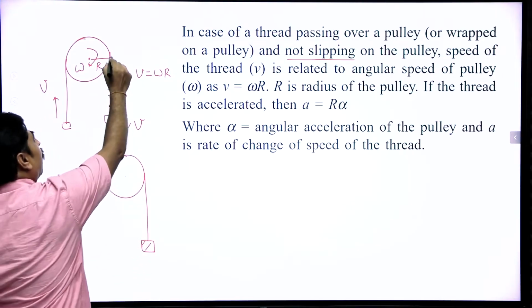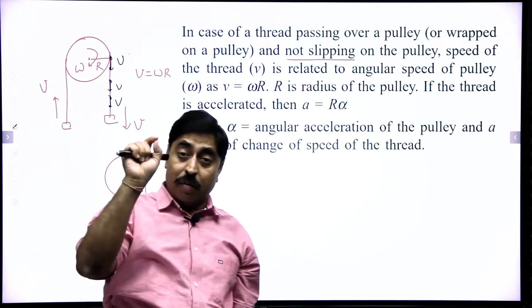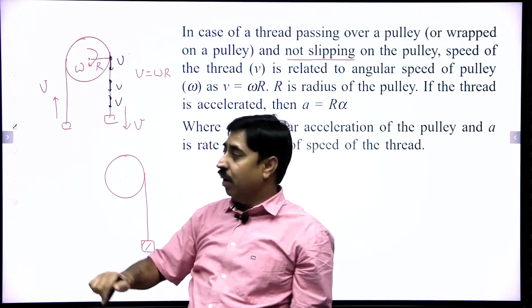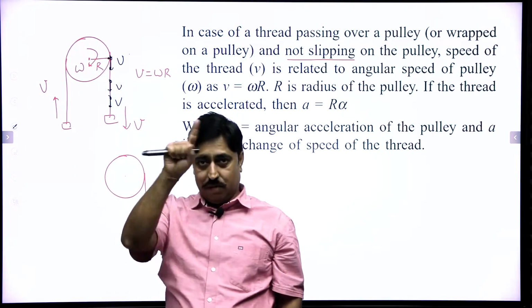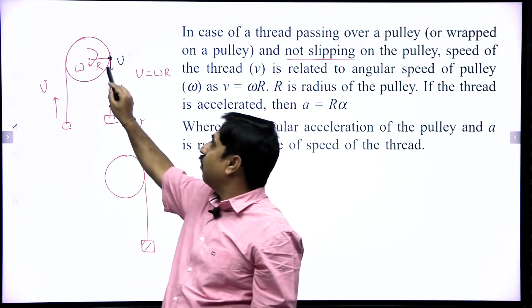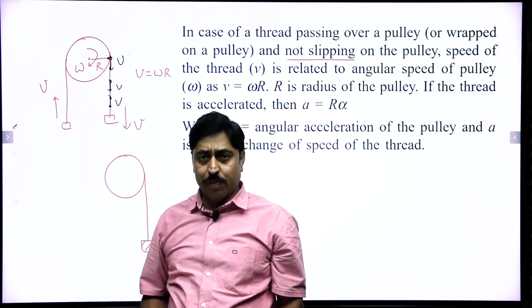So this particular point is also having a speed v, and this point on the thread is having a speed v, and the point on the pulley over here, assuming that the pulley is made of some steel, so this is a point on the steel. This point on the steel will also be moving with speed v.